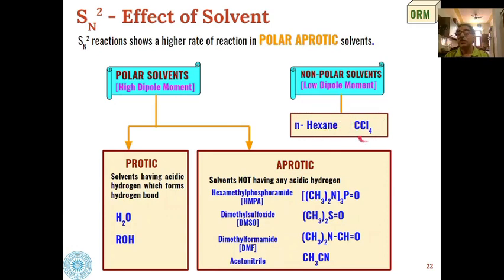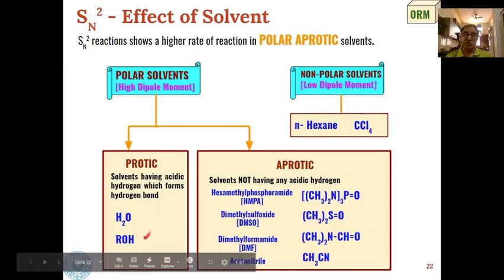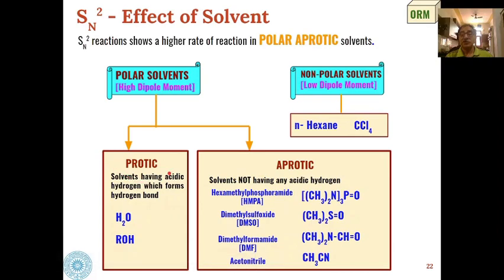They are non-polar solvents, whereas polar solvents may be of two types, aprotic or protic. Protic means polar solvents having acidic hydrogen, which can form hydrogen bonds with the charged species. Examples are water and alcohol, which are polar protic solvents.